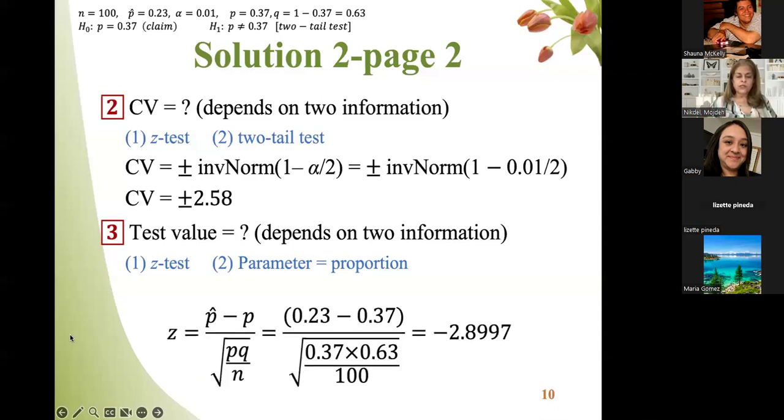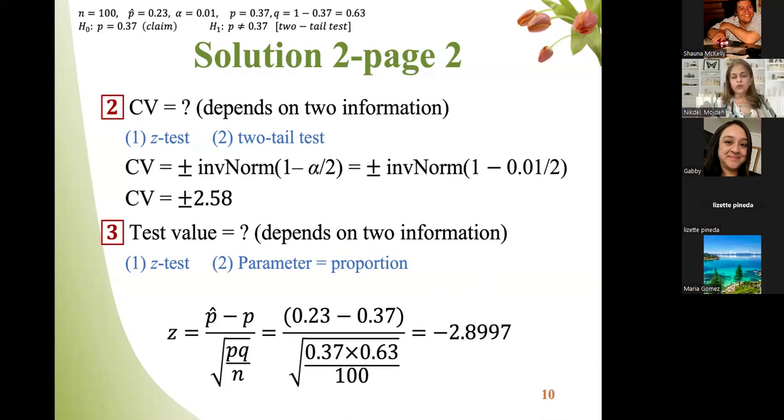So the formula: z equals p hat minus p divided by the square root of p times q over n. P hat was 0.23, here it goes, minus 0.37. You can find the p from the H0 sentence, divided by the square root of 0.37 times 0.63 divided by 100.